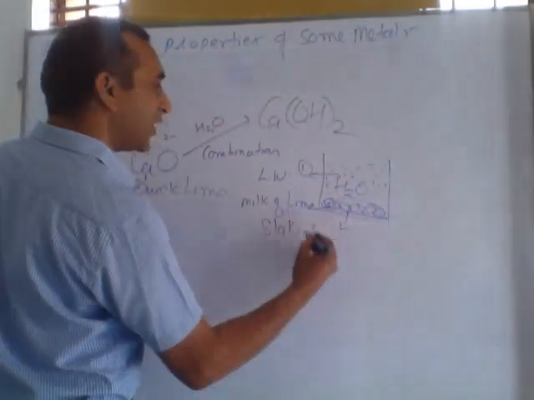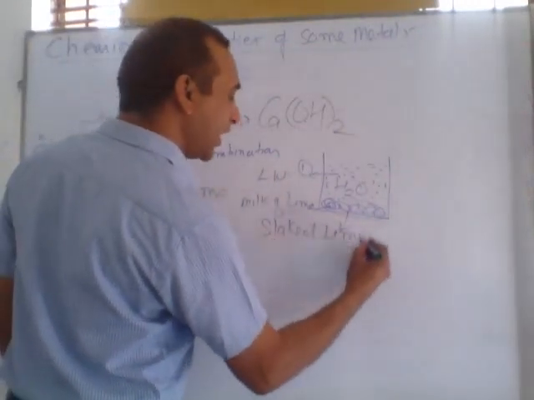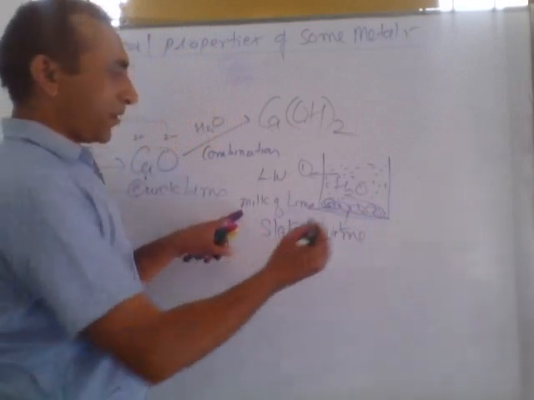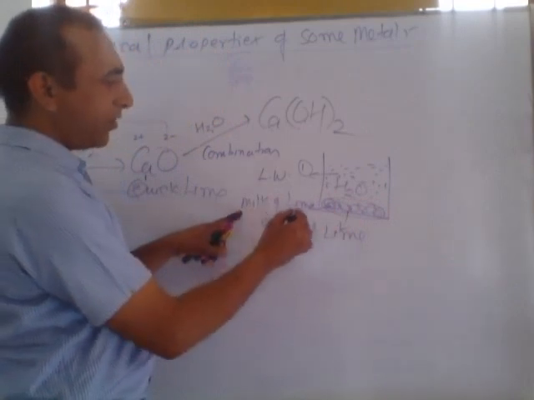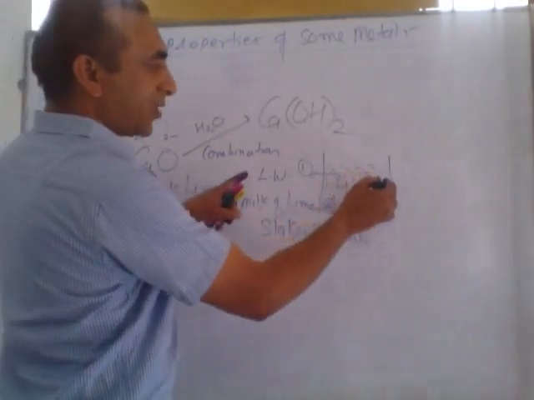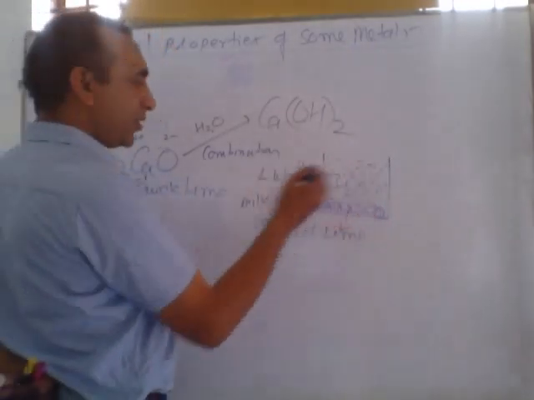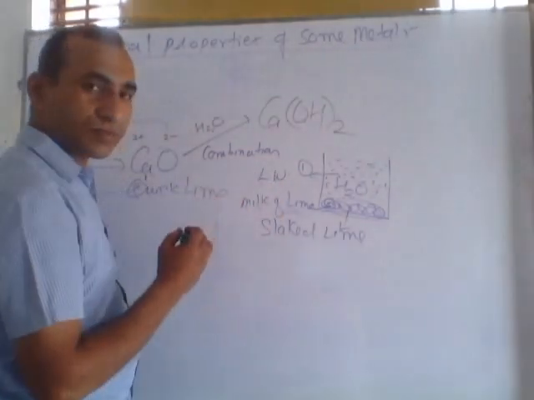Listen, what is the meaning of lime water, milk of lime and slaked lime? Slaked lime is the solid powder compound. The suspension, meaning the precipitate, is called milk of lime, and the liquid, meaning the compound dissolved in solution, is called lime water.